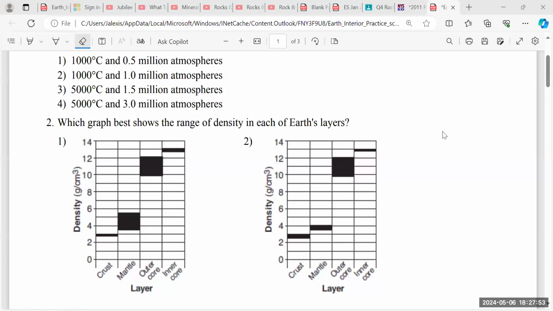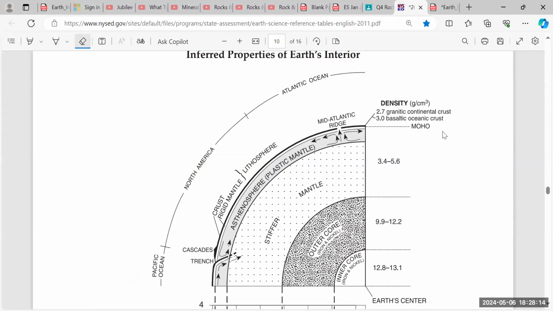All right, people. Number 2, which graph best supports the range of density in each of Earth's layers? Once again, what does that mean? I'm looking at the density of each of the Earth's interior layers. So let me take a look at page 10 of the reference tables. As we see right here, we see the different layers of the Earth.